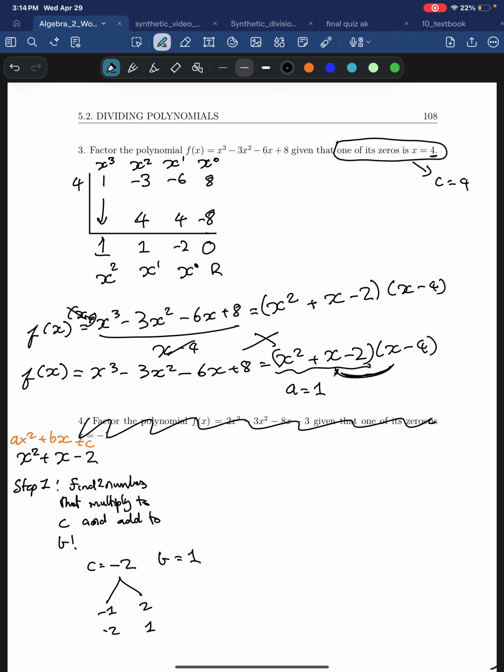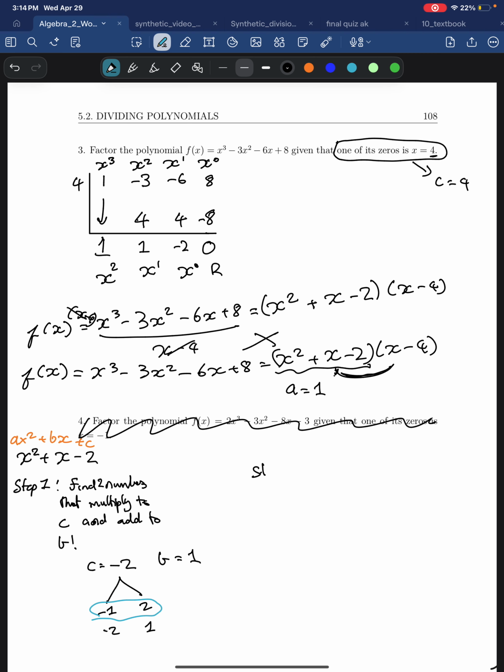I'm just writing all the numbers that multiply to negative 2. This one makes sense, because if I add 2 and negative 1, that will be equal to 1, right? So from there, I can go to step 2.